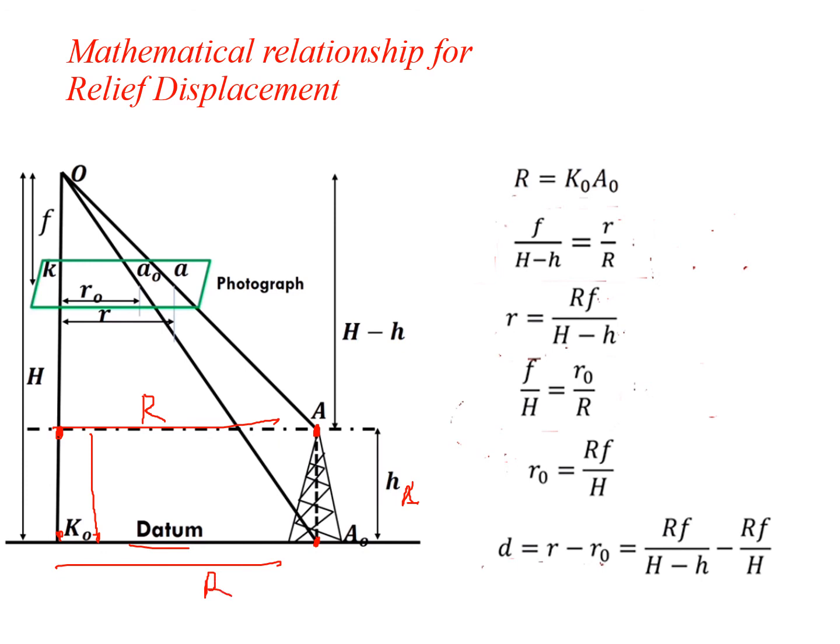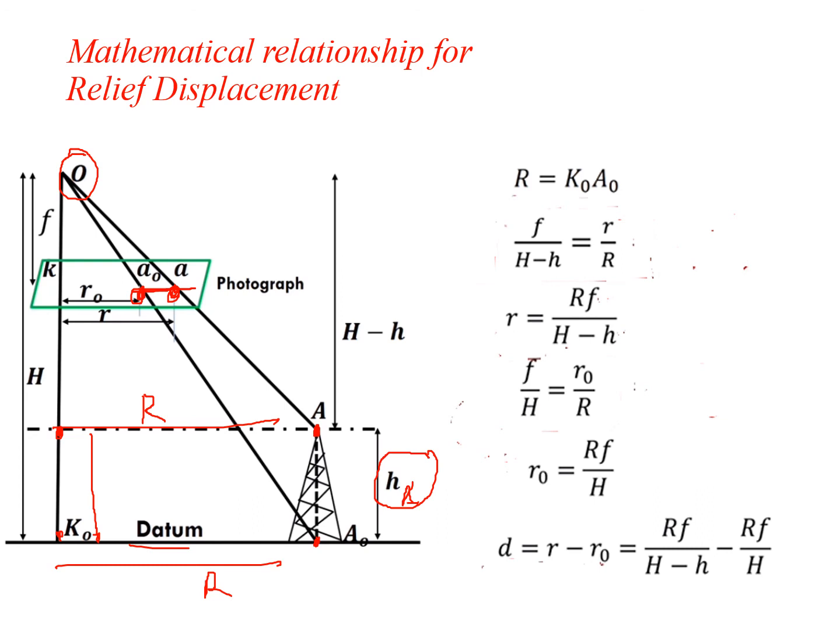So from this exposure point, if I want to locate the point on the positive photograph, here is your a0 and here is your a point. Now this distance is nothing but your HA, isn't it?